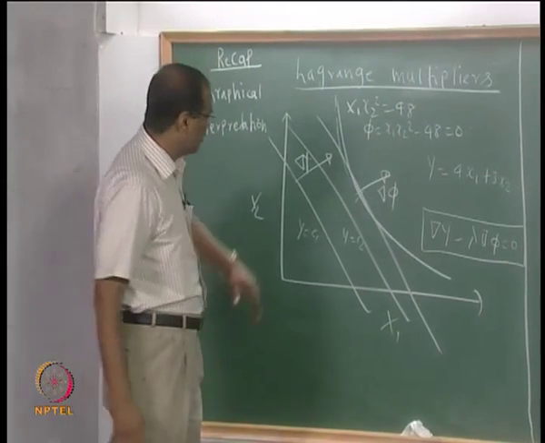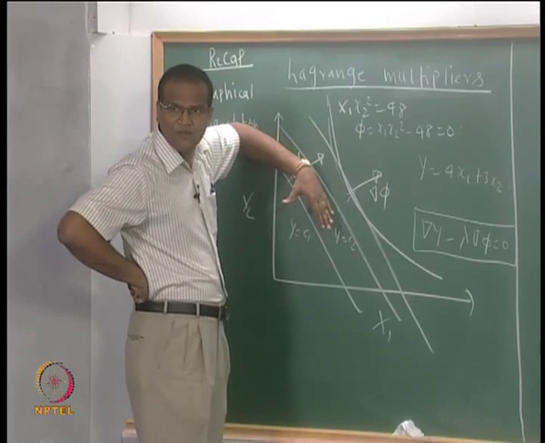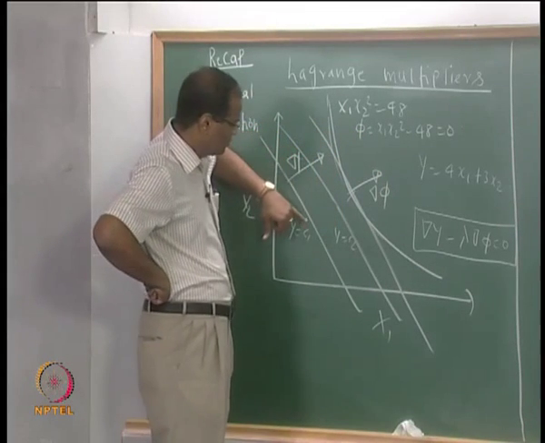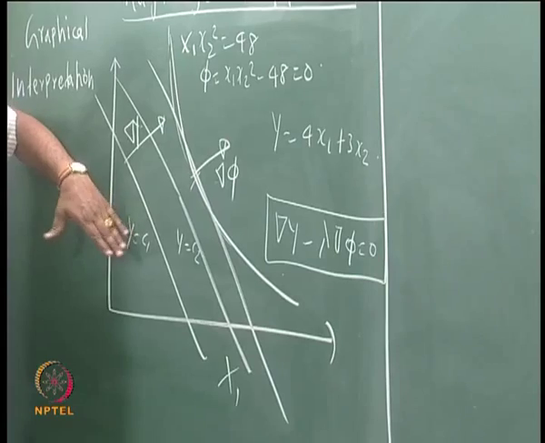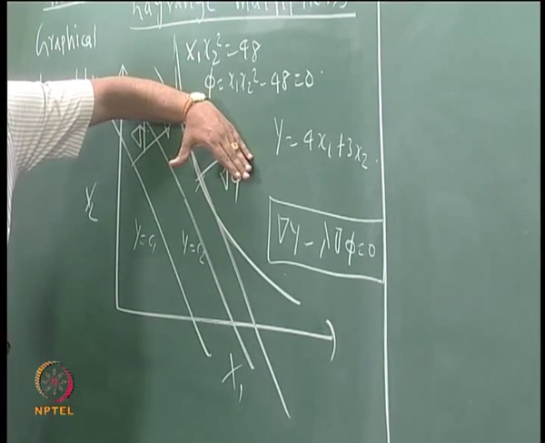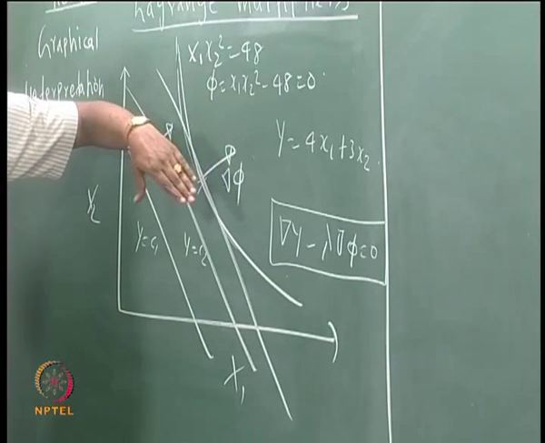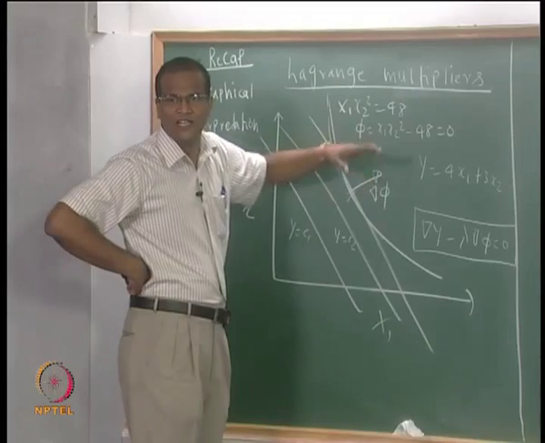Yesterday there was a question: suppose we move the y equal to constant line into this curve, what happens? I think Abhishek was trying to say it will satisfy the constraint. No, it won't.